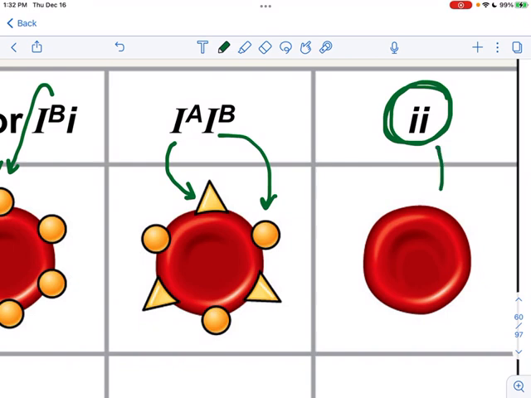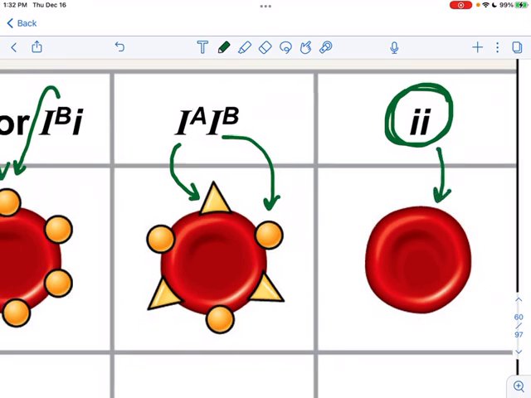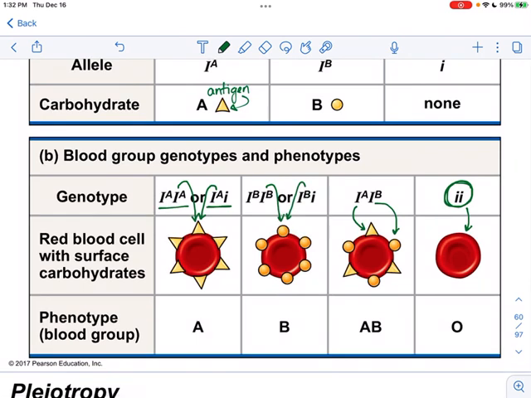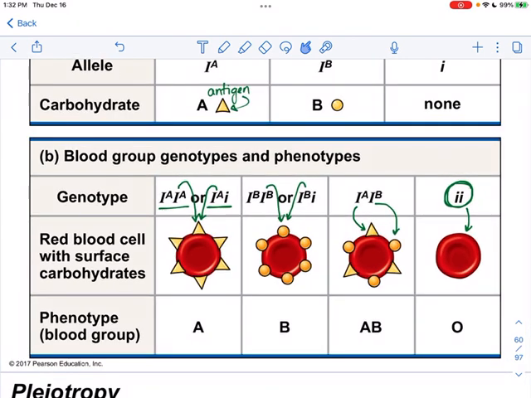So we do not make any antigens, and our red blood cells are clear of any antigens. So that's how we result with blood type A, B, AB, and blood type O. I believe I put an extra resource on the next class page that will give you some extra practice in crossing individuals within these multiple allelic blood groups.